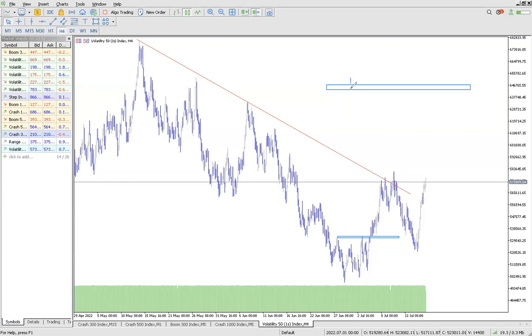You can either wait for a full break of your area and a close of a candlestick above that area, right? And then check your safe entry, or you can wait for a specific type of setup. Let's say you see your morning star like this.